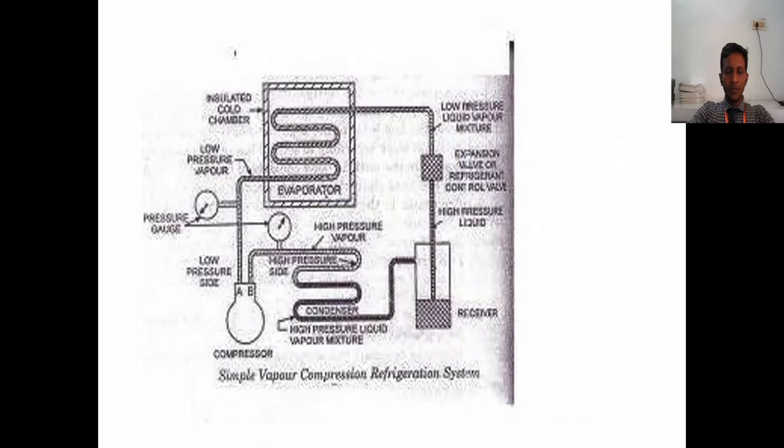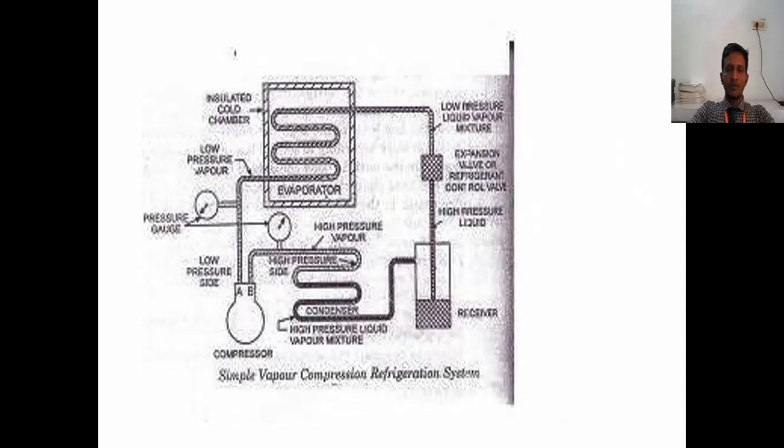The refrigerant is stored in the accumulator, which acts as a receiver here. After being stored in the receiver, it is sent to the expansion device. The expansion device passes the refrigerant to the evaporator side based on the requirement.